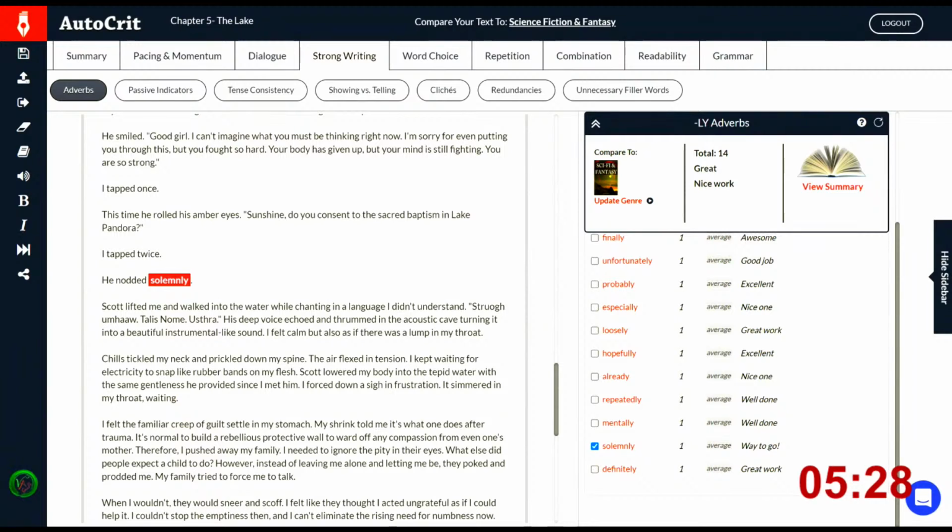"He nodded solemnly." I feel like it gives it a lot more impact to say he nodded solemnly, but again, I feel like we should be showing that, not telling that, so I'm going to go ahead and just say he nodded.